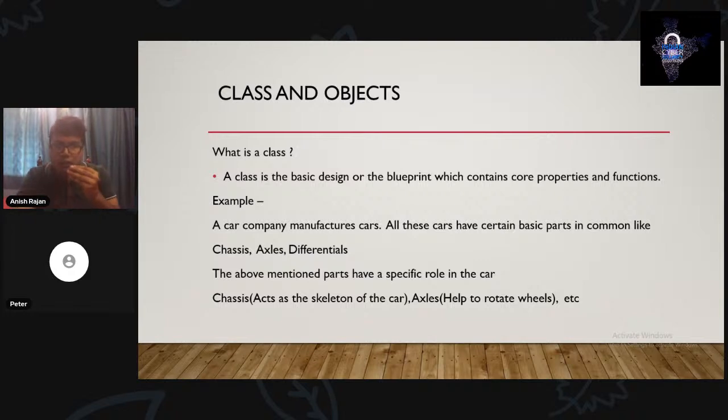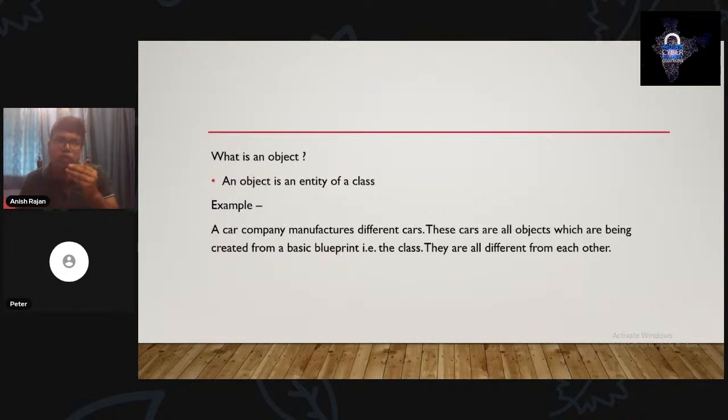Okay. So next we come to what is an object. As I already said, an object is an entity of a class. A class creates the objects. So let's see this example. A car company manufactures different cars.